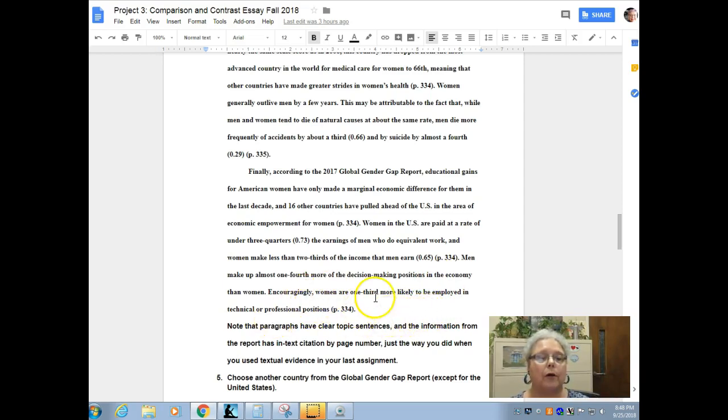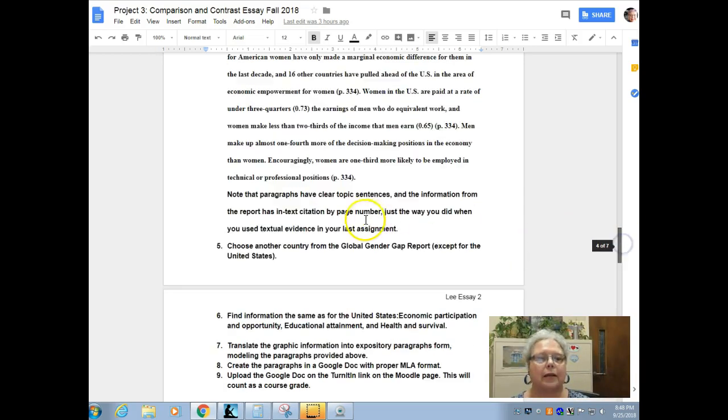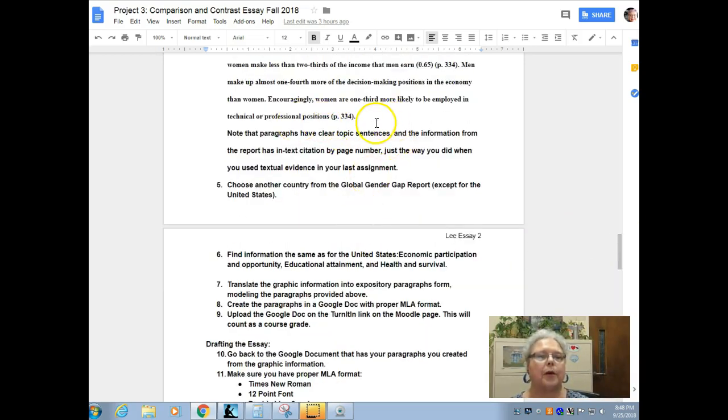Encouragingly, women are 1/3 more likely to be employed in technical or professional positions. So it's interesting that this Global Gender Gap Report actually matches the information that we saw on the other graphic that I showed you as a sample of that midterm assessment.